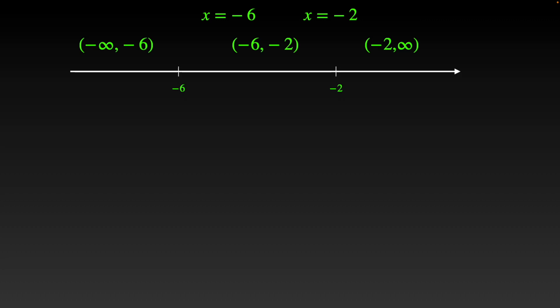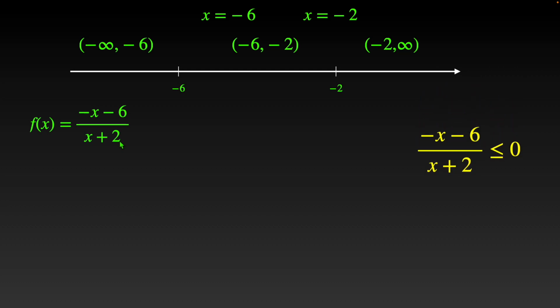Next, we want to test points in each set. Our f of x is equal to negative x minus 6 over x plus 2. And we want it to be less than 0. Here we have less than or equal to 0. We'll take care of the equality next, but first let's look at less than 0.